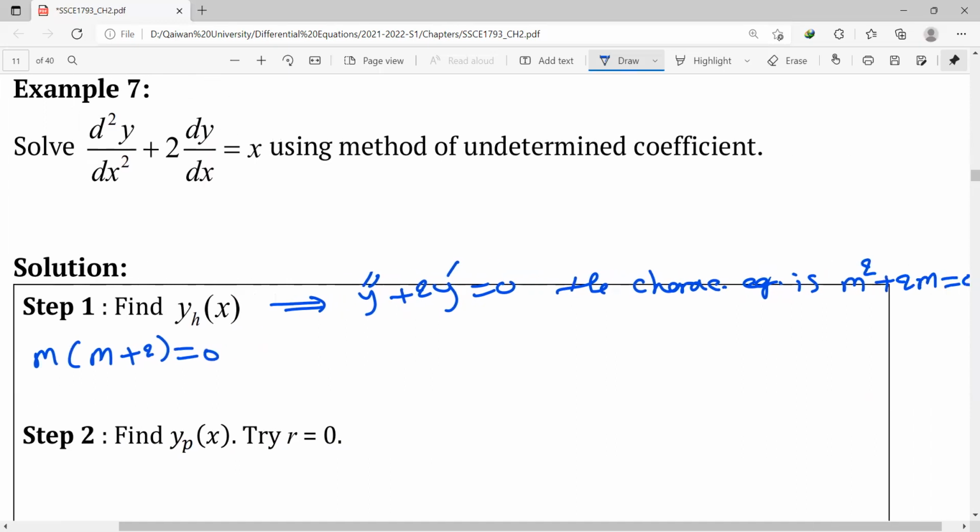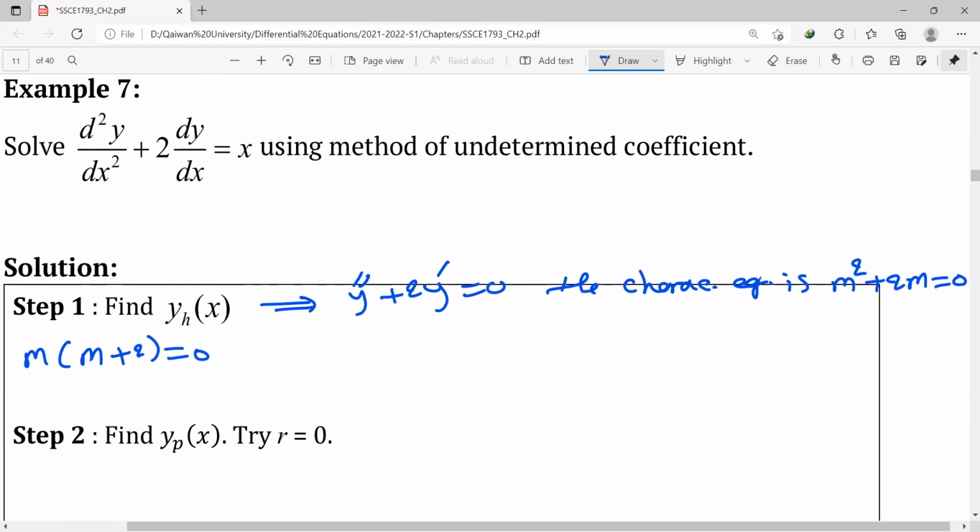If we factorize it, we find the values of m1 and m2. M1 is 0, and m2 is -2. Here you have two different values, that means they are real and different.